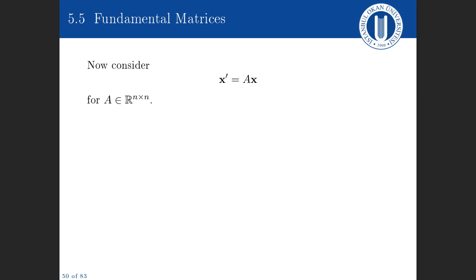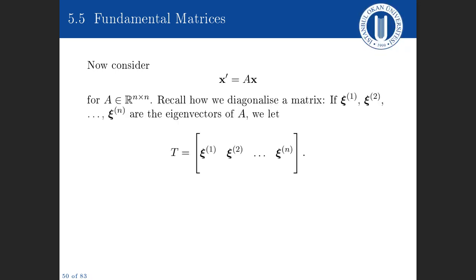Now consider x prime is equal to Ax for an n by n matrix of real numbers. I'm going to remind you of how we diagonalize capital A. If we have eigenvectors of A, and if these are linearly independent, we can write a matrix capital T, where the first column is the first eigenvector, the second column is the second eigenvector, and so on.